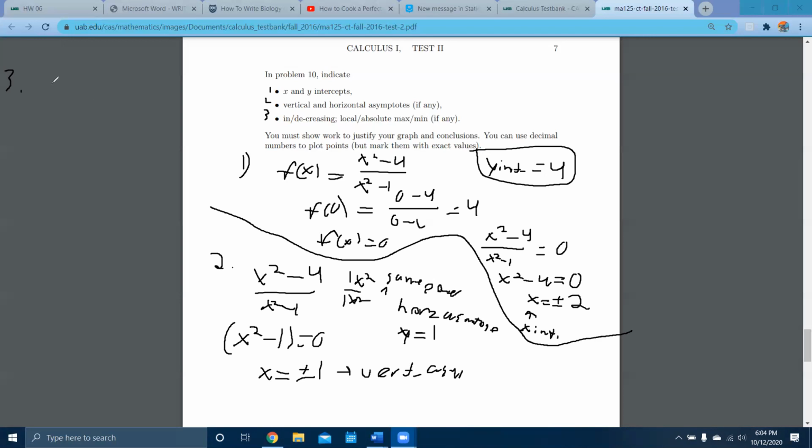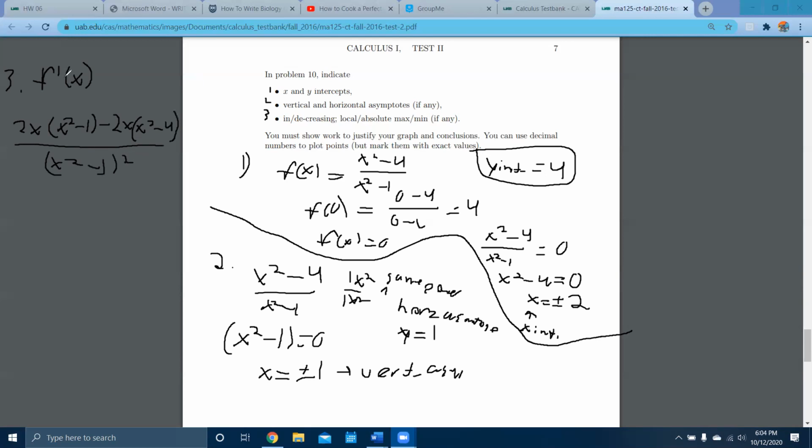So what we're gonna do is find f prime of x. Now it's really messy because it's a gross quotient rule. So I'm gonna simplify it a little bit here. You end up getting 2x times x squared minus 1 minus 2x times x squared minus 4 over x squared minus 1 squared.